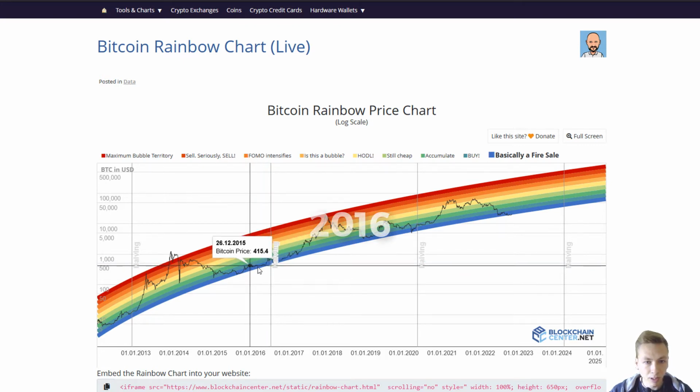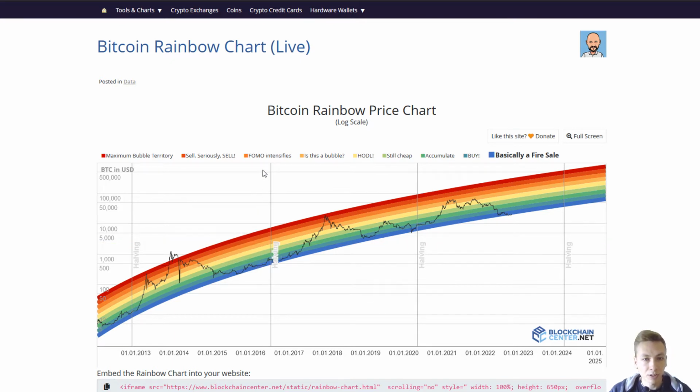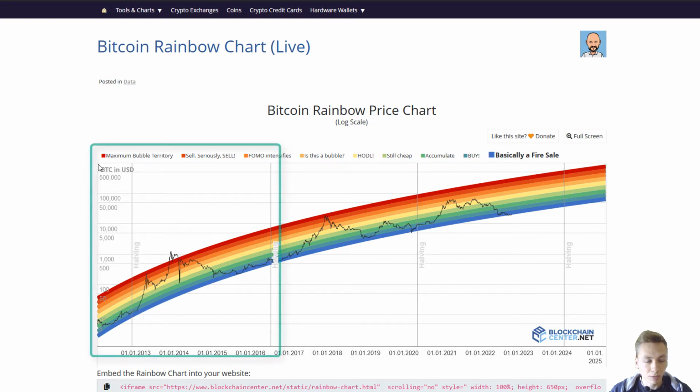It was in the middle of the bear market, and there was not much data on this chart at that time. So if you can imagine, at that time we only had this part of the chart from 2013 to 2016, with just one halving and just one bull run actually. So it was really impossible to predict what will happen in the future, but this chart has played out so beautifully.